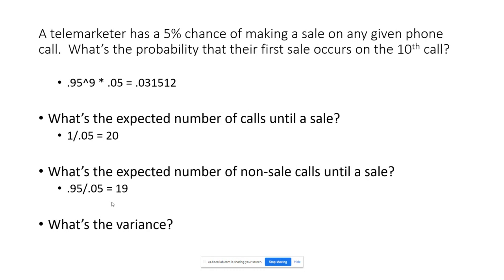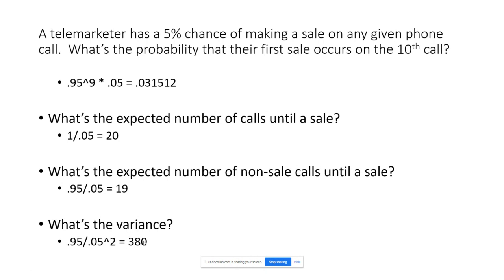Kyle? Is it 380? Yeah, we have 0.95 divided by 0.05 squared, so it's 380. That is a pretty big variance. It's often easier to think about this in terms of the standard deviation. So the square root of 380 is a little bit less than 20.